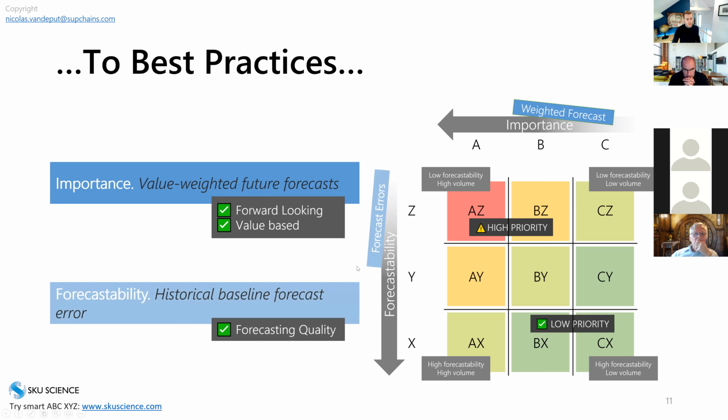Now, in terms of forecastability, I think the easiest is actually to look at the historical forecast error you had on each item and then to classify them based on what was your baseline forecast error. You can imagine that you have a very good forecasting engine that's really good at forecasting seasonal products. So actually, you don't need to focus on seasonal products. Now, if you were using COV, it would flag every seasonal product as difficult.